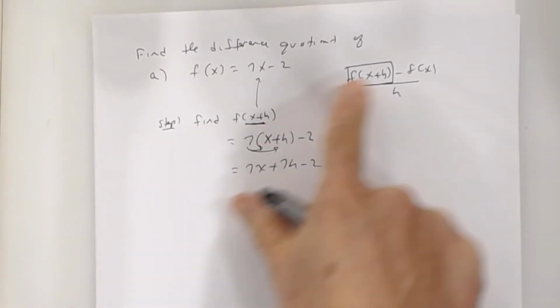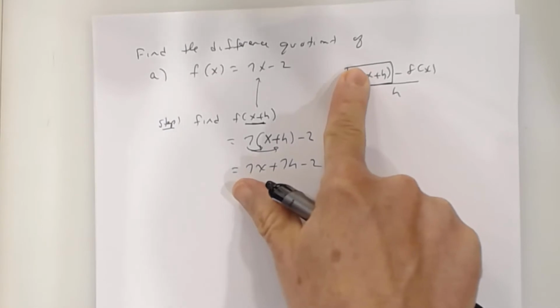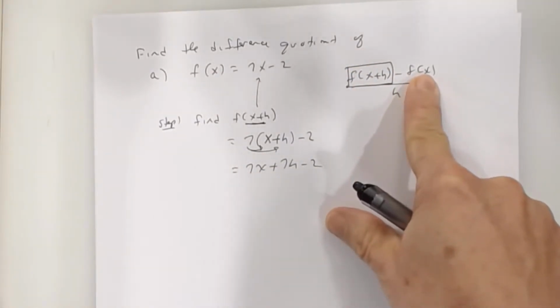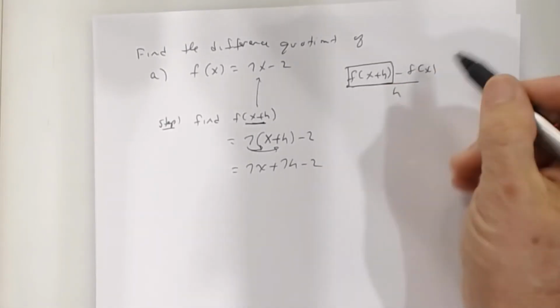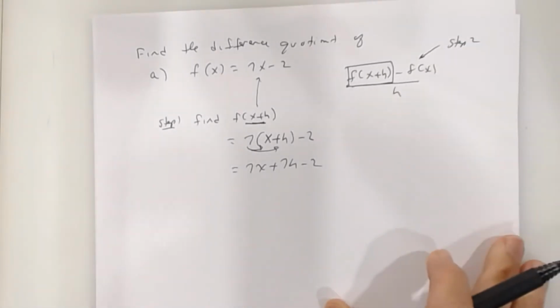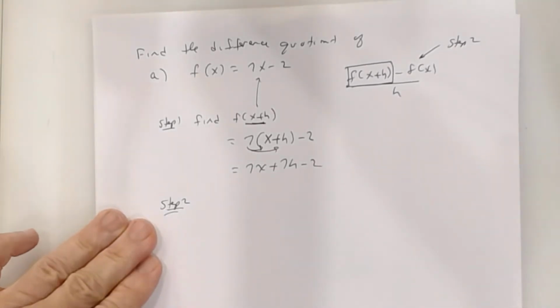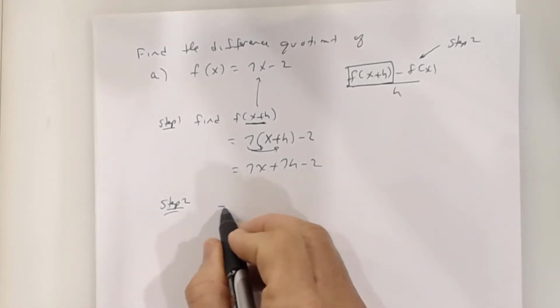Now, I found step 1. What's the next thing I have to do with step 1 that I just found? Subtract f of x. So now I got to do this part. So that's going to be your step 2 right here. So then you're going to say step 2 is where I take what I got in step 1.